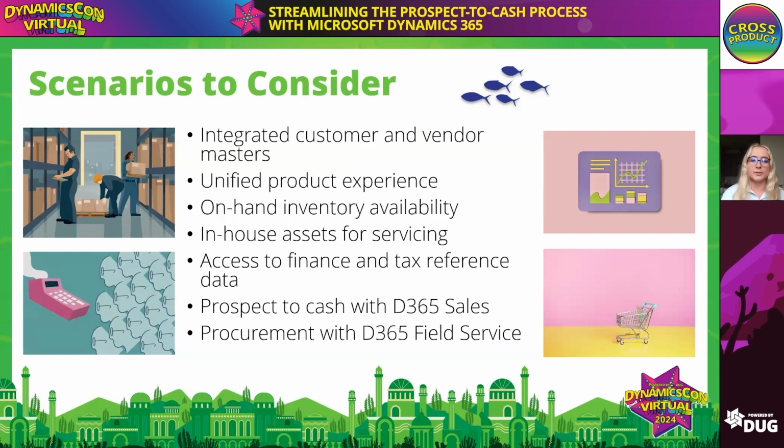Integrated customer and vendor masters for one source of truth, unified product experience, on-hand inventory availability so you can set proper expectations with your clients, in-house assets for servicing, access to financial and tax reference data, which is, of course, always essential, prospect to cash within D365 sales, which will be highlighted in our walkthrough later on, and procurement with D365 field service, so your field agents have what they need when they're out in the field.